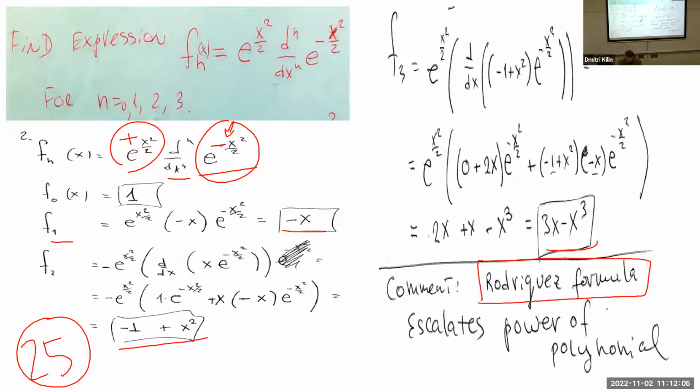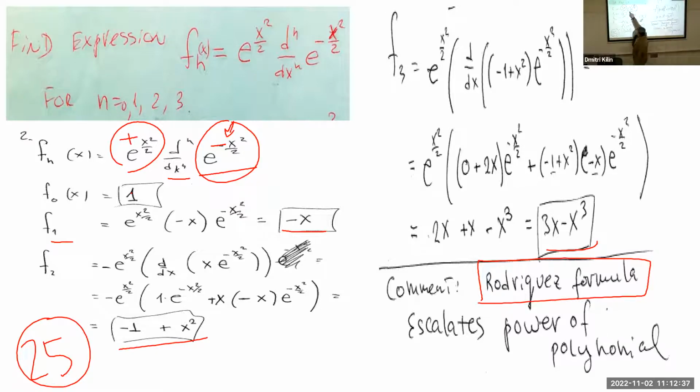This expression has several names. Some sources call it the Rodrigues formula, some call it a generating function. The meaning: the eigenstates of the oscillator that you already know are a Gaussian exponential multiplied by polynomials of different order. And this formula is one of the ways to generate these polynomials.